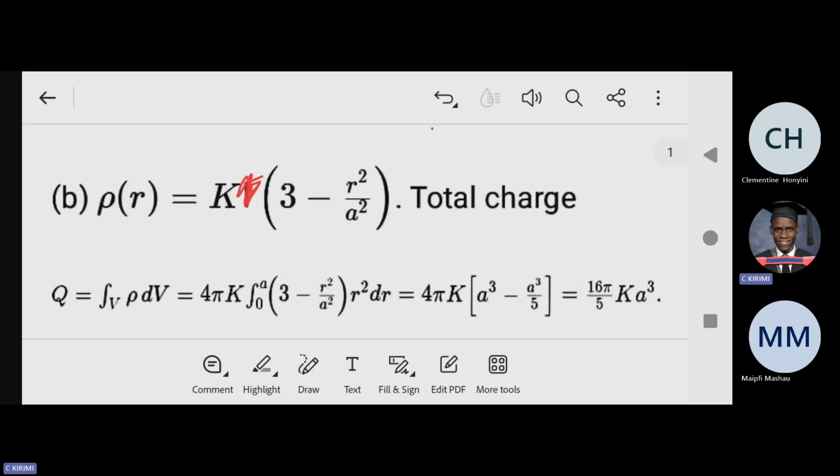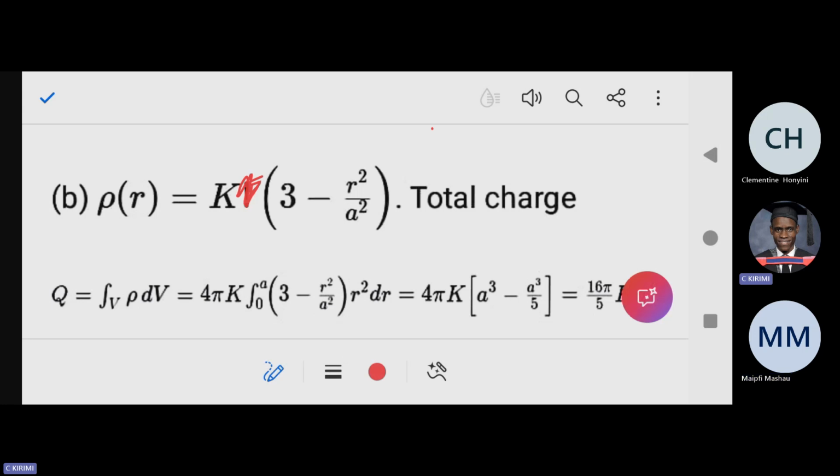You replace rho with K times 3 minus r squared over A. And how do you replace dV? What is the volume element, class? It is dV.